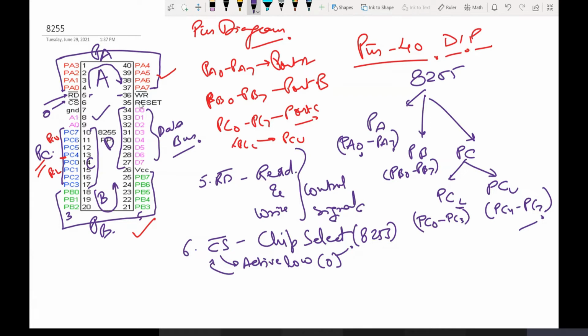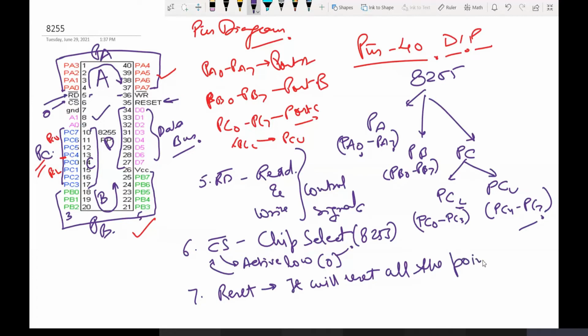Opposite to chip select is reset. Select, reset, select, reset. Just try to learn and remember it in a rhyming way. Select, read, write, select, reset. So what will reset do? It will reset the pointers inside the 8255.